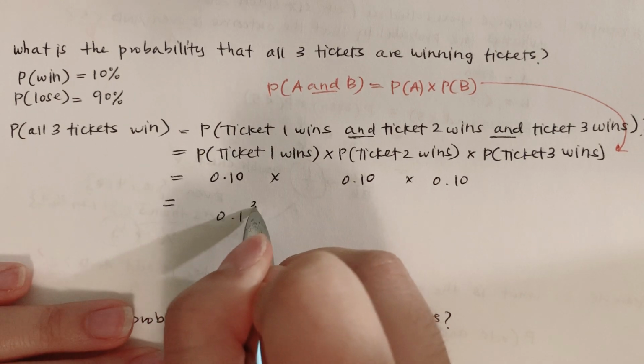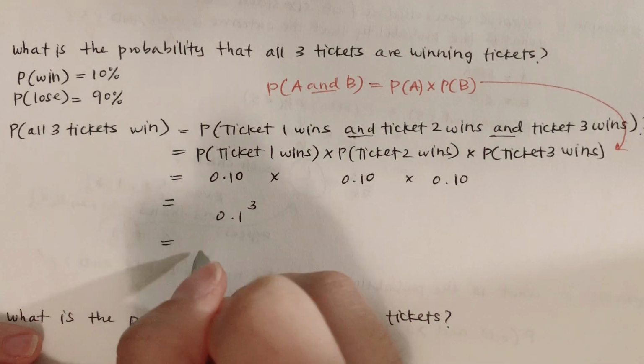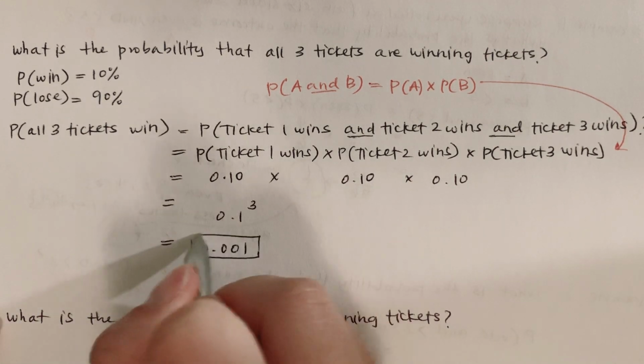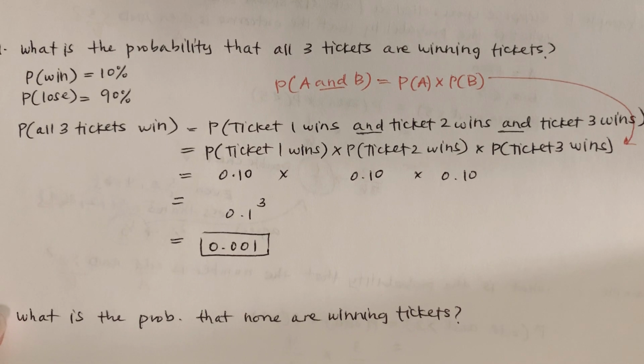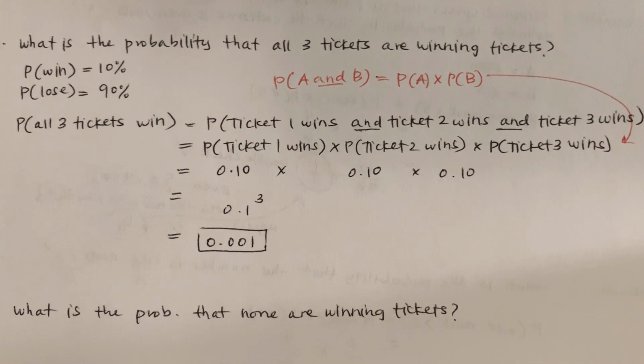This is the same as taking 0.1 to the 3rd power, which should give us a final probability of 0.001. So that's saying that the probability that all 3 tickets win is 0.1%. So there is a very, very small chance that you will get all 3 tickets that are winning tickets.